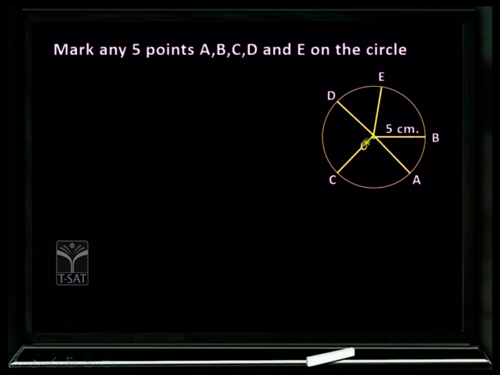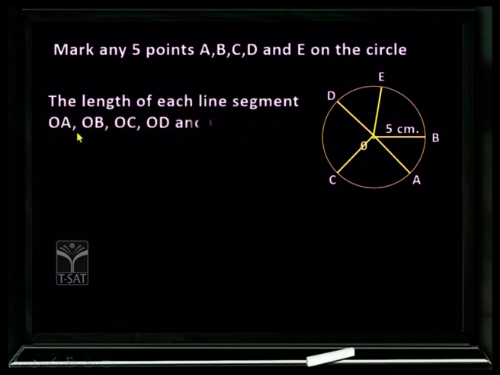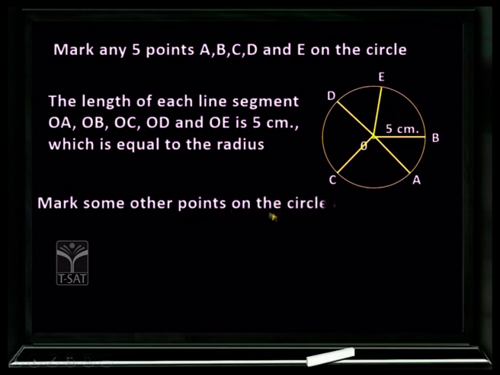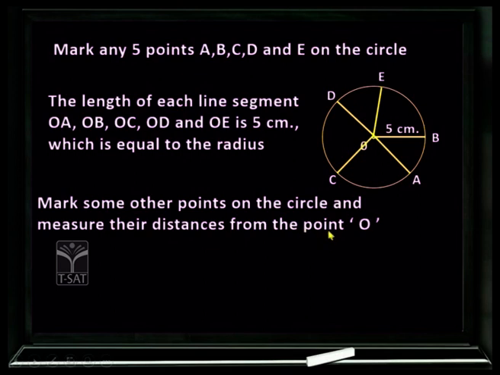In fact, OA, OB, OC, OD, OE are radii of the circle. The length of each line segment is 5 centimeters, which is equal to the radius. Mark some other points on the circle and measure their distances from the point O.